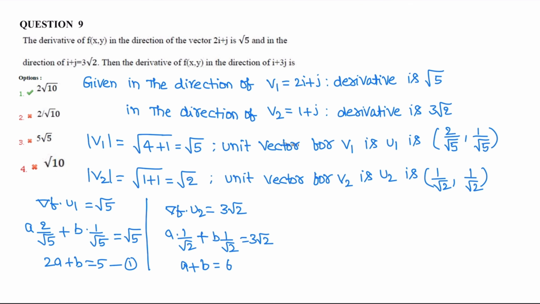Say it as equation 1, equation 2. On solving equation 1 and equation 2, a is equal to minus 1, b is equal to 7, and we need to calculate the derivative of f of x comma y in the direction i plus 3j.